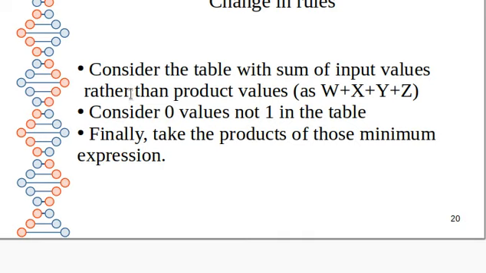As we take in the table x, y, z, we have to put here w plus x plus y plus z, and we have to consider the 0 values, not the 1 values. We have to pair the 0 values here. We have to make the map of 0 values in the table, and finally take the product of those minimum expressions.